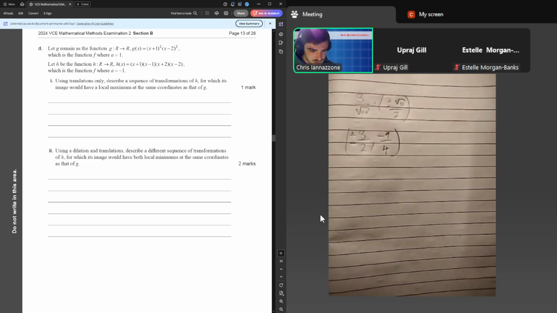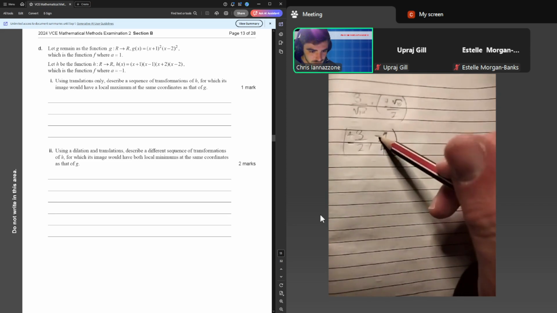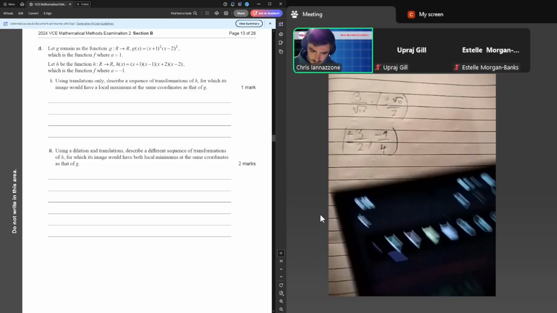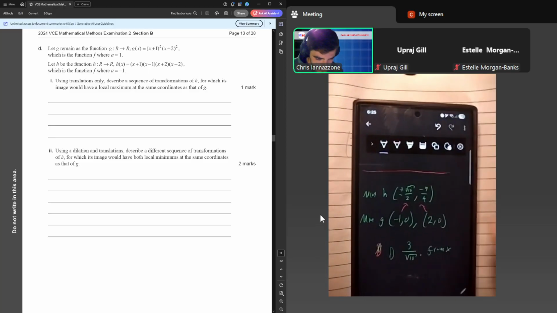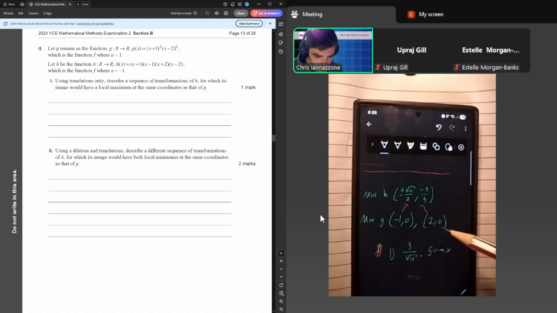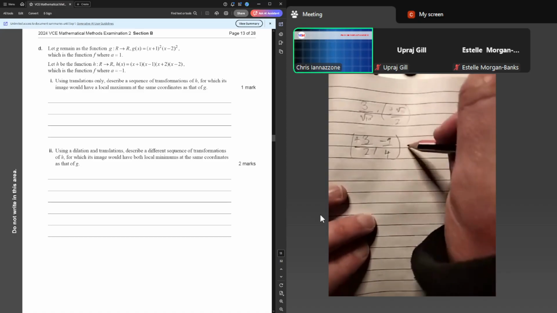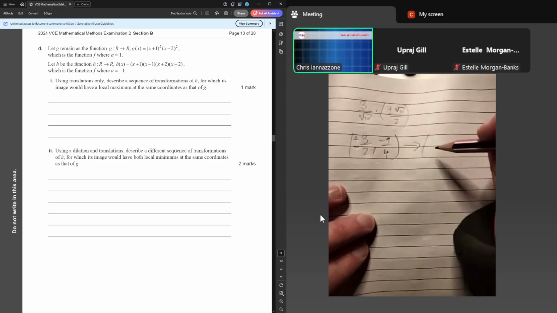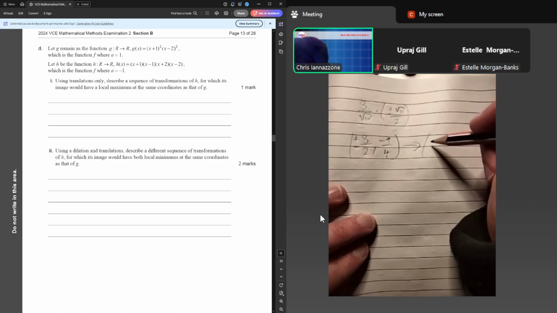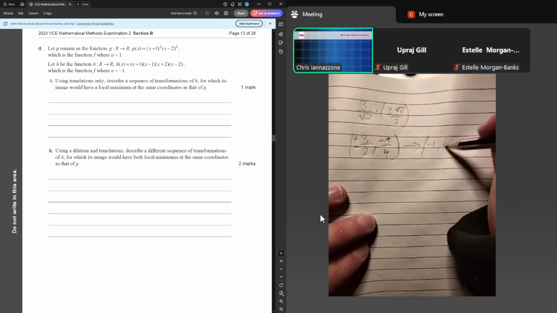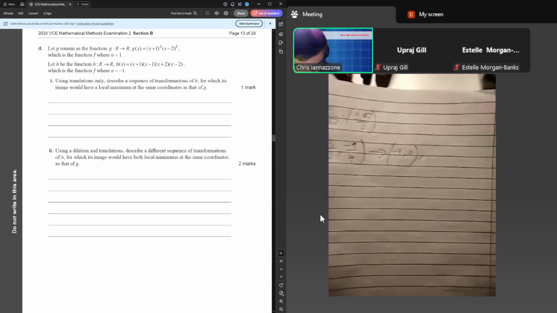We applied our dilate factor. That's got our h to now this stage here. We want it to now look like -1, 0 and then 2, 0. So let me just get that on the same page. I'm going to get from there to -1, 0 and 2, 0.